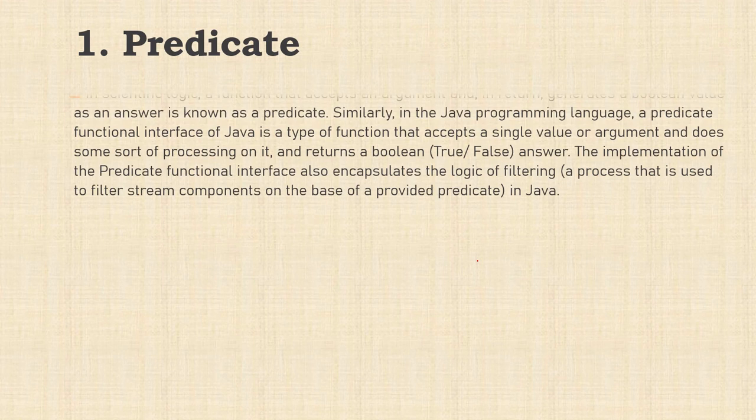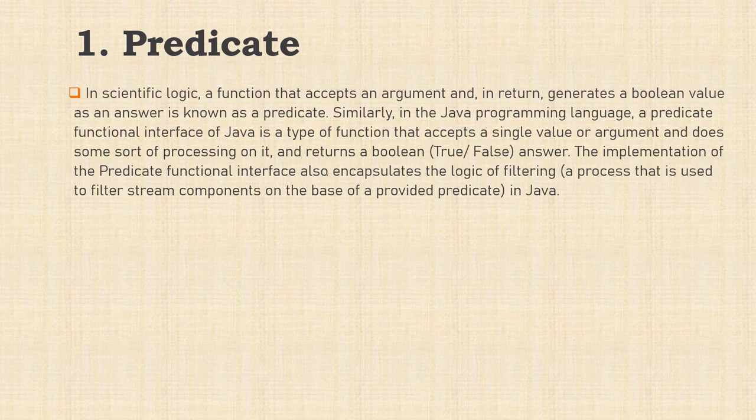In scientific logic, a function that accepts an argument and in return generates a boolean value as an answer is known as a predicate. Similarly in the Java programming language, the predicate functional interface is a type of function that accepts a single value or argument, does some sort of processing on it, and returns a boolean.